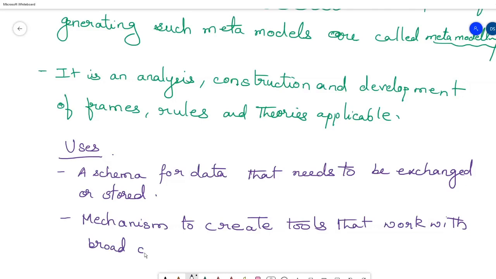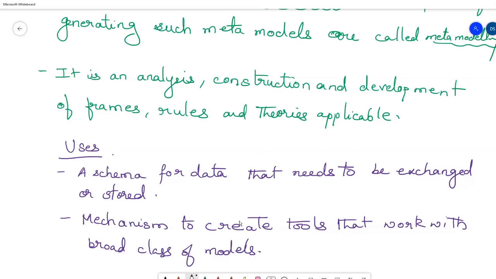Usually this meta modeling is done when we need a layout, a structure of data which has to be processed, stored, and exchanged, and at the same time it provides the mechanism to create tools for how work can be performed on a broader range, how the classes of models can be accessed, and how the data can be stored or retrieved. So in such situations, meta modeling helps us.